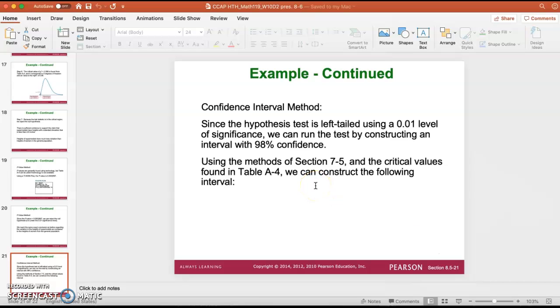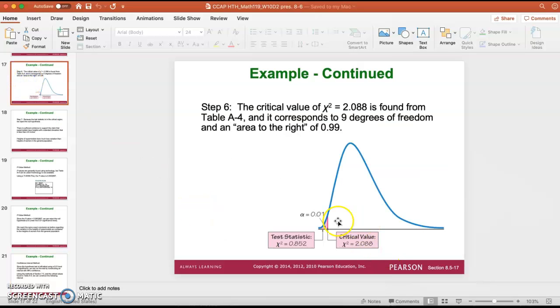You can also do this using the confidence interval method, where, since the hypothesis test is a left-tailed test using that 0.01 significance level, you would run the test by constructing a 98% confidence interval. You can use the same methods from section 7-5 for creating that confidence interval. The biggest trick is finding the two critical values, since for chi-square there's a completely different left critical value and right critical value.